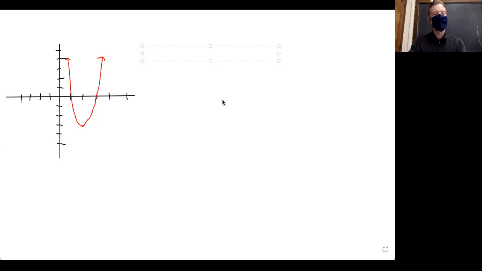So in this case, you would most likely be asked, find the x-intercepts. And a lot of times it's dependent on what is presented to you, the way that the question is phrased. For instance, a problem that presents a graph is most likely going to ask you for the x-intercepts.